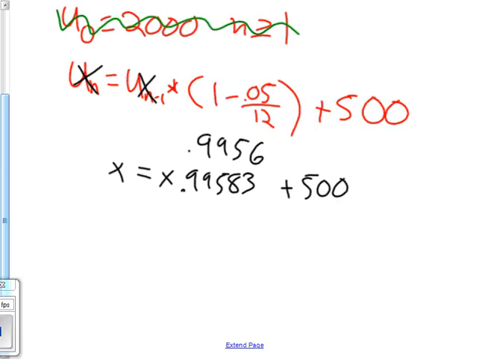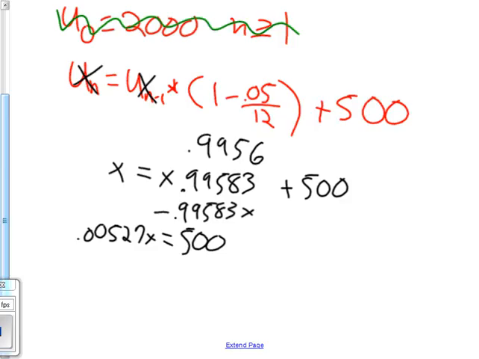So then when we subtract this off here, we subtract the smaller one from the larger one. So we're subtracting 0.99583x from both sides. We're getting 1.00527x is equal to 500.